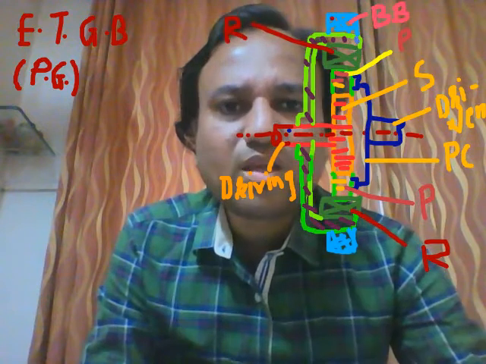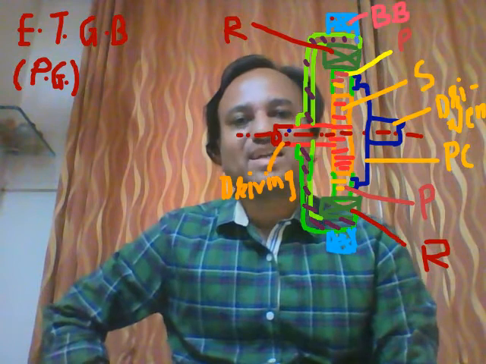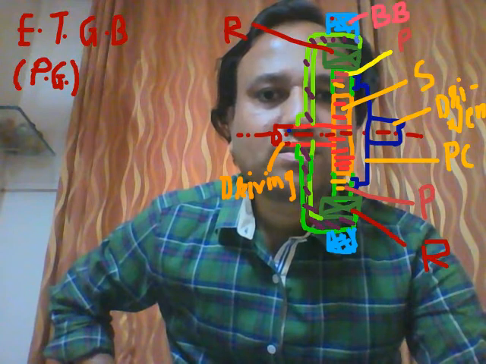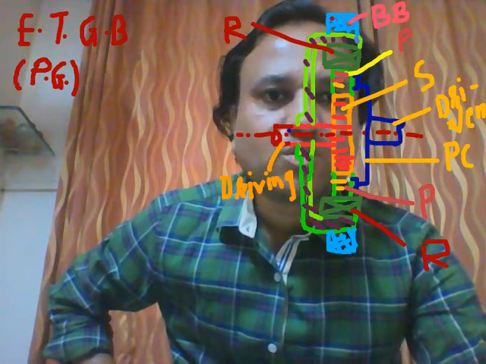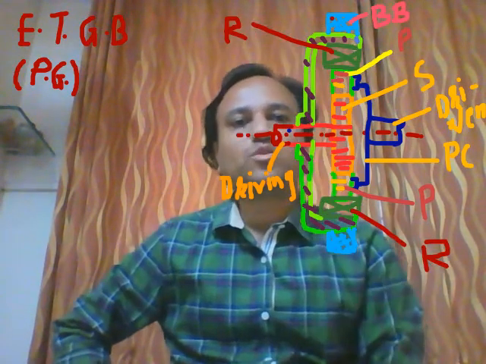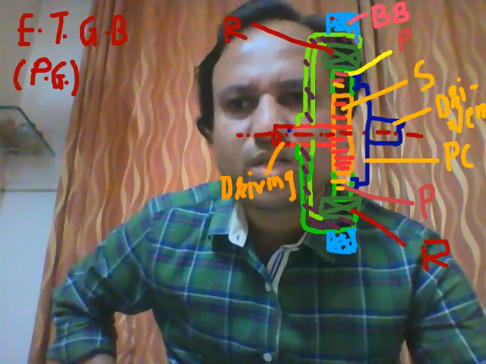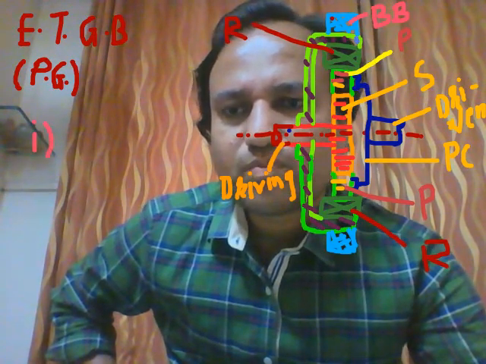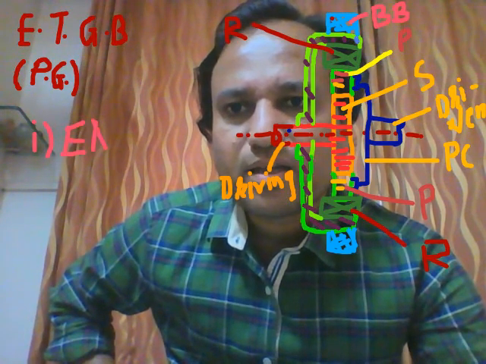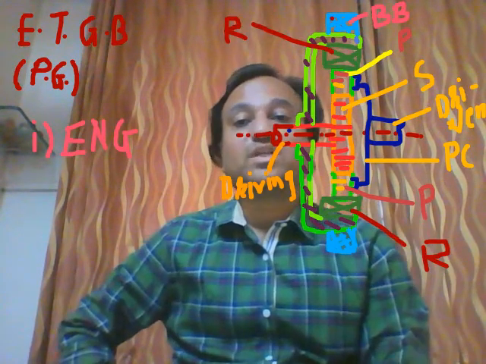Now student, how does the power or motion transmission take place? The driving shaft is directly coupled with the sun gear, and this sun gear is connected to the planet gears. The first case I am considering is the engagement of driving and driven shaft.